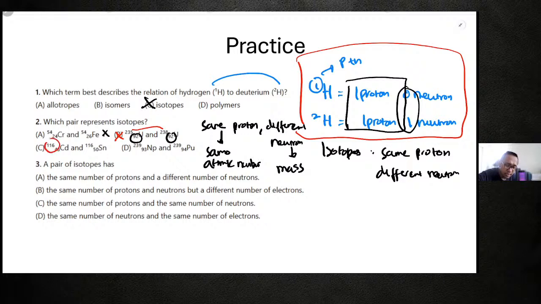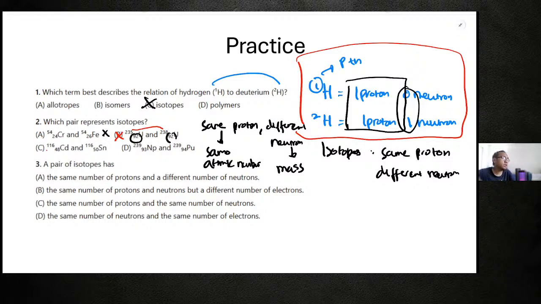It has the same mass but a different atomic number. Both have the same mass and different atomic numbers. So only option B exactly matches the definition of isotope.